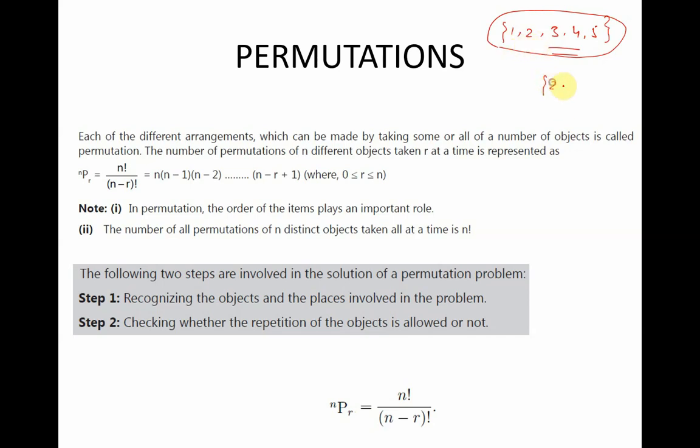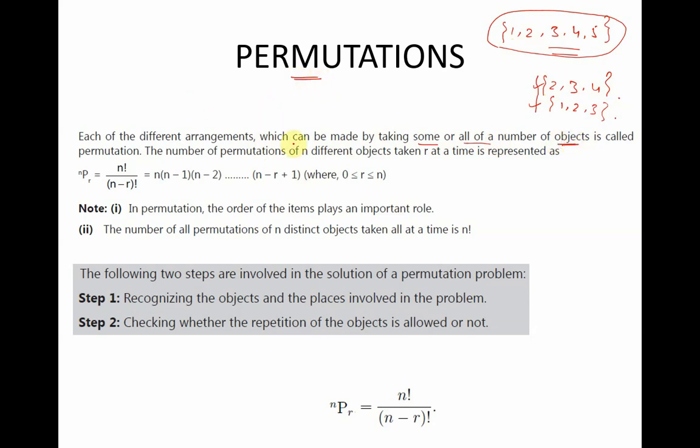Let us say a subset is 2, 3, 4, or a subset can be 1, 2, 3, that means a subset having 3 elements. So the different arrangements which can be made by taking some, that is the subset, or all of the number of objects is called the permutation.